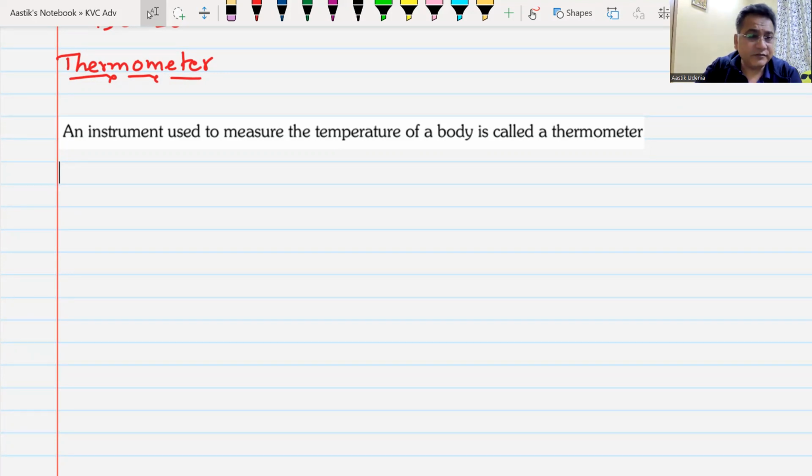What we have seen in day-to-day life is that with temperature, some physical properties of a body change. Can you give some examples of that?